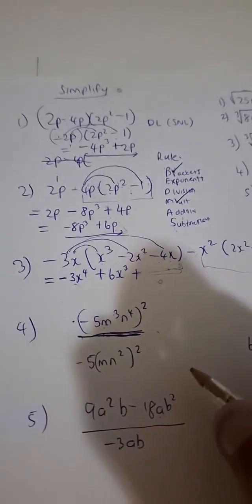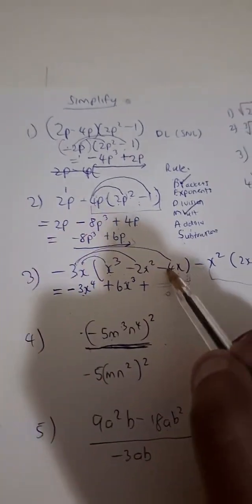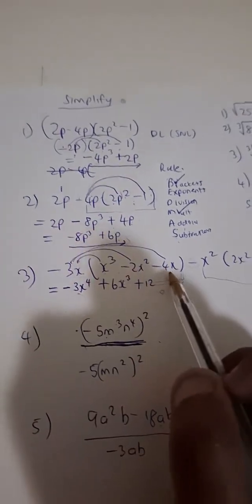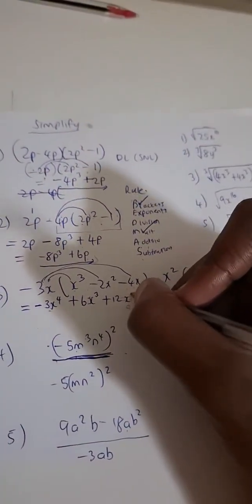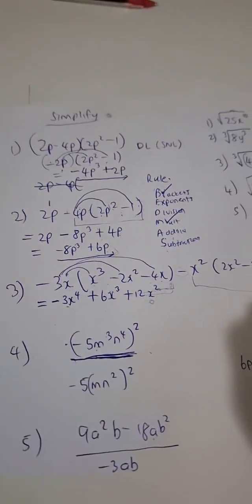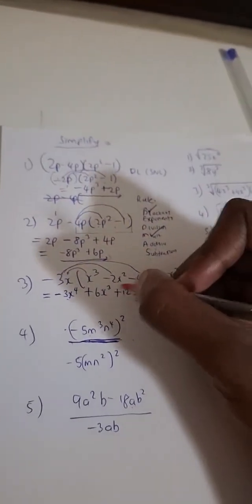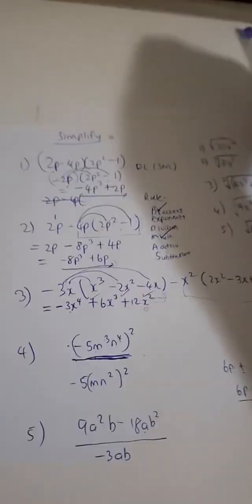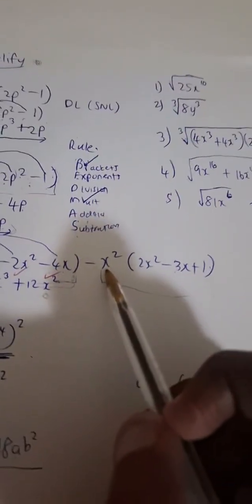Negative times a negative is positive. 3 times 4 is 12. X times x is x to the power 2. First 3 terms done. And I mean, who wouldn't want to give you those marks for those terms? I would. Let's go on.